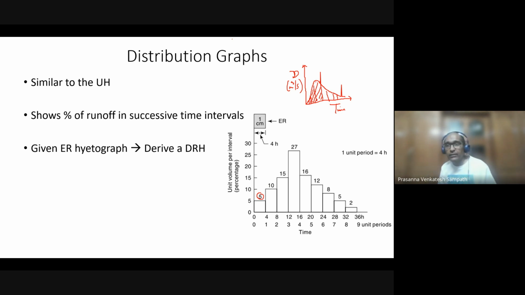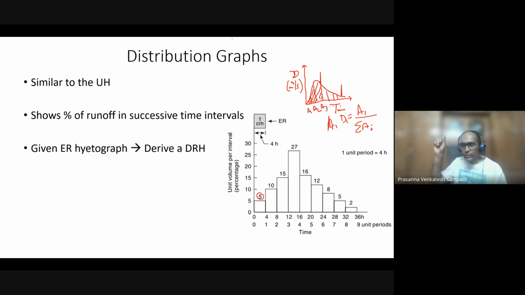So if I take, let us say, this first portion, if I take the area and divide it by the total area, so let us say the areas are A1, A2, A3, and so on. So the distribution graph is basically A1 divided by sigma Ai. That is the distribution graph. D1 is equal to A1 divided by sigma Ai.